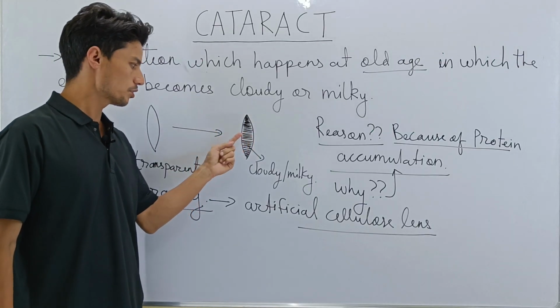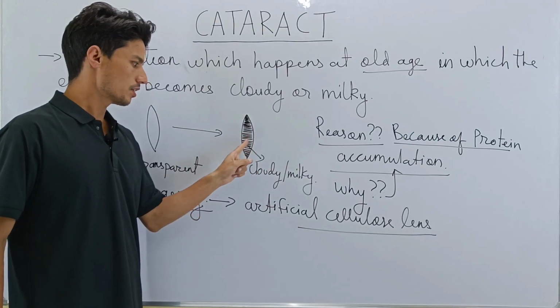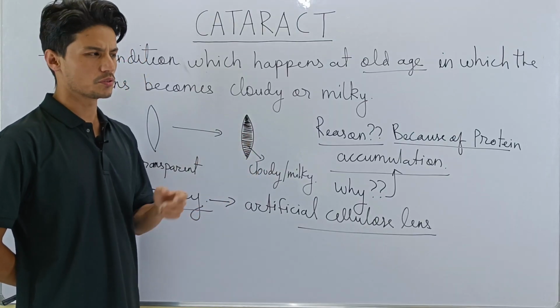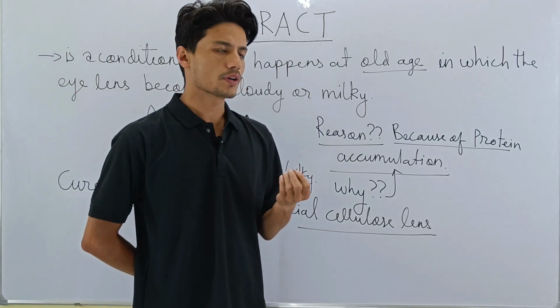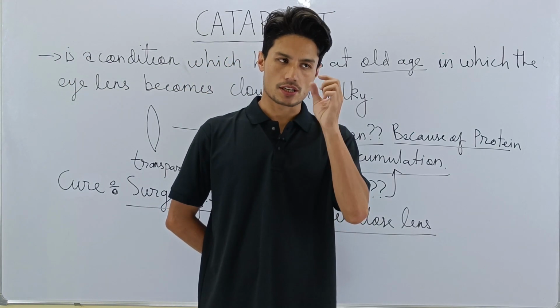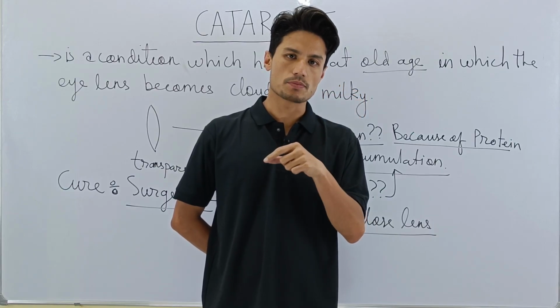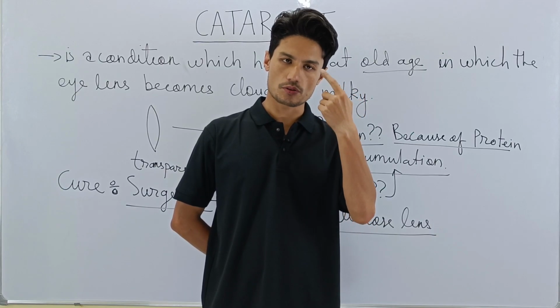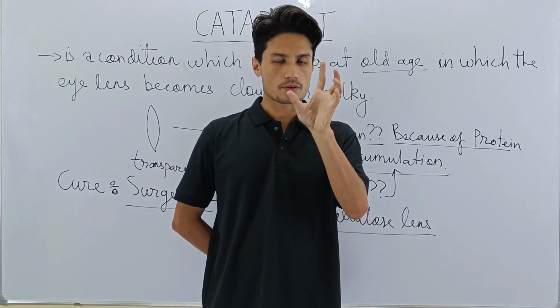Now, do you think that you will be able to see clearly with this accumulation in the eye? No, you will not be able to see clearly. And if you go and observe carefully into the eye of an old person, you will see this. It's visible. Right now if you look into your pupil, it will be dark brown.